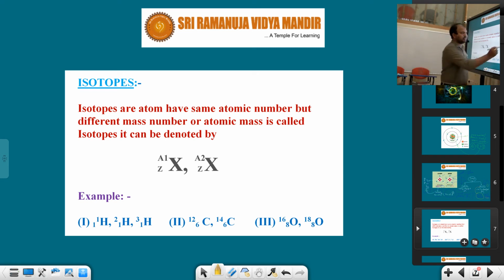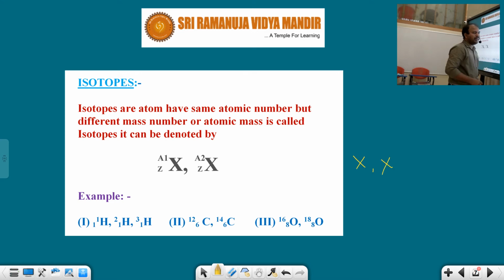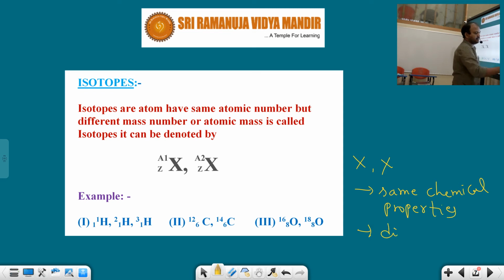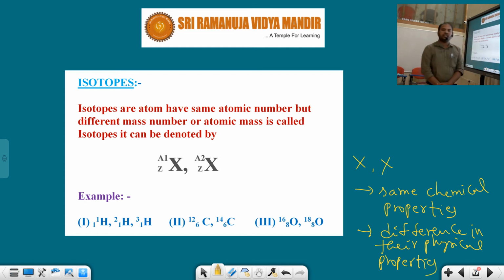Isotopes means if you take two atoms of the same element, they have the same chemical properties but differ in their physical properties, like melting point, boiling point, shape, size, position, texture, color, like that.